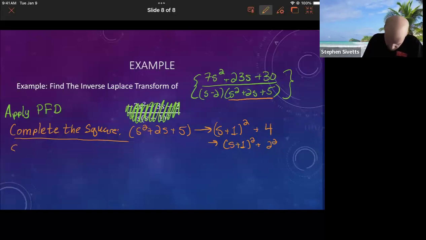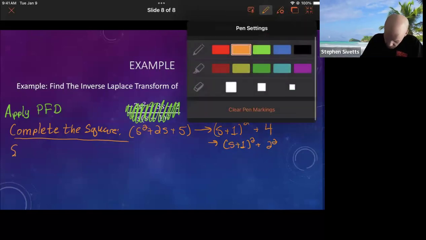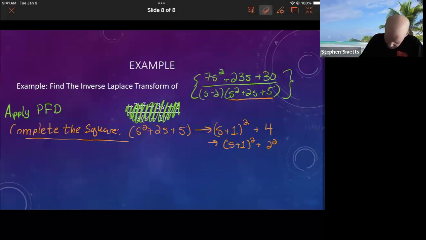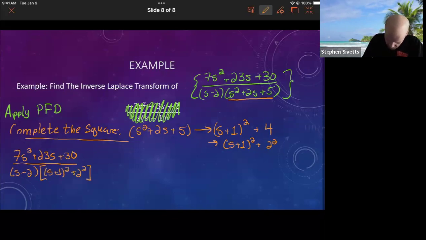So we have this quantity, 7s squared plus 23s plus 30 over s minus 2 times this factor s plus 1 squared plus 2 squared.